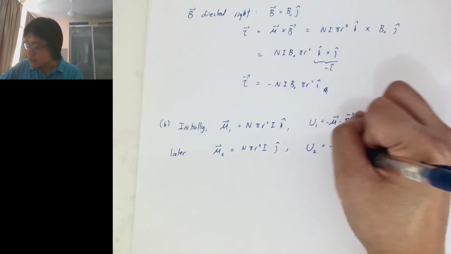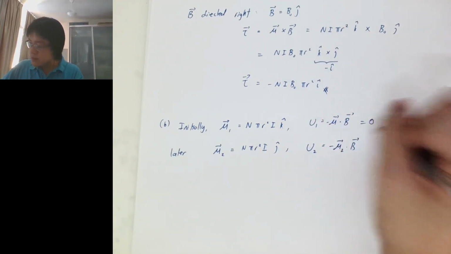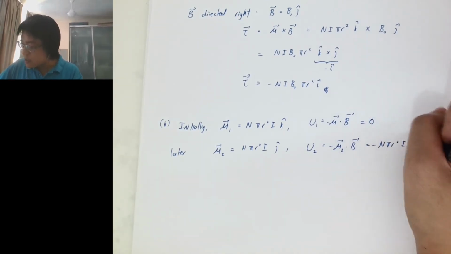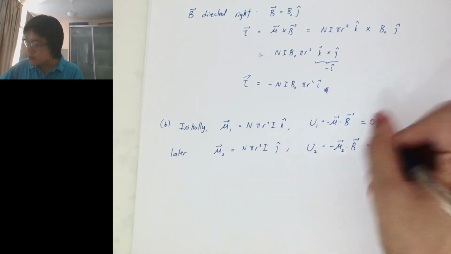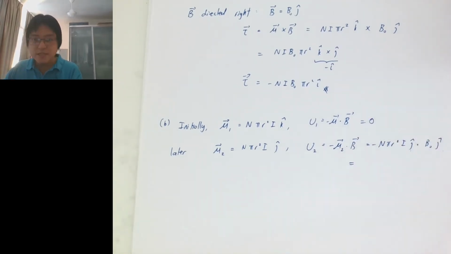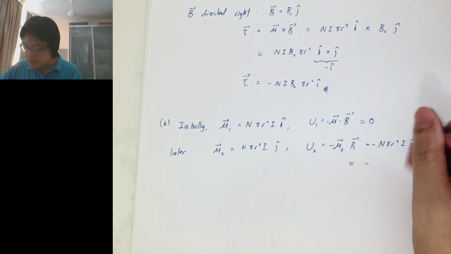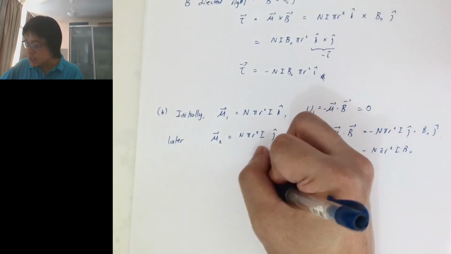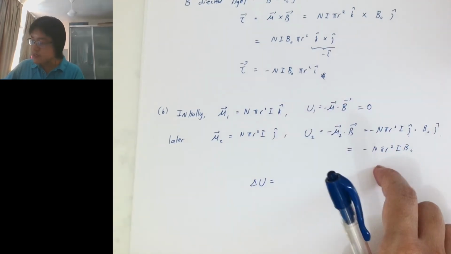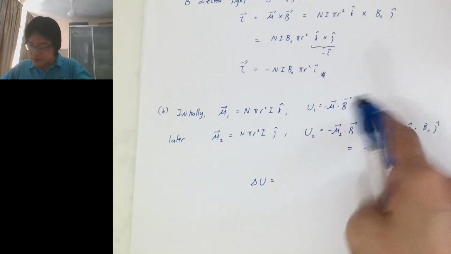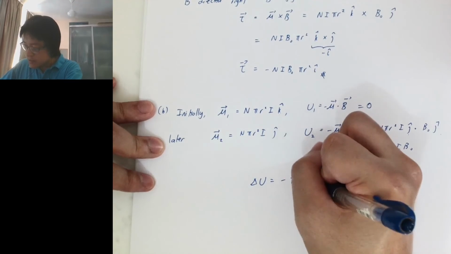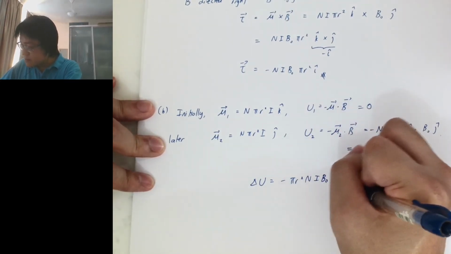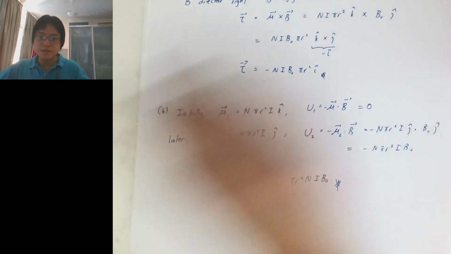But for this case, mu2 dot B is just minus N pi r square I, j dot product with B j. So j dot j is just 1. So it's just minus N pi r square I B, right? So the change in potential energy is final energy minus initial energy. Initial energy was 0, so it's just pi r square N I B. So this is the change in potential energy.